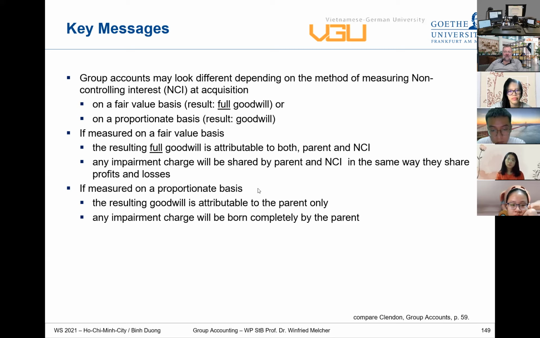But if you are measuring, and we learned from that paper that nearly 70% use this method, on a proportionate basis, then the resulting goodwill will be allocated to the parent only, and any impairment charge will be completely allocated to the parent and borne by them.